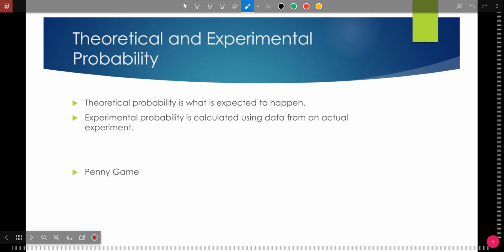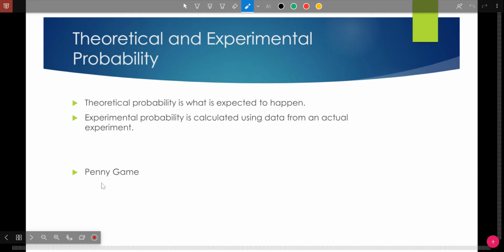So you flip the coin 10 times and 7 times it comes up tails, then the experimental probability for tails is 7/10. And the experimental probability for heads would be 3/10 because it's based on the actual experiment that happened. Right? So that's the difference between theoretical probability and experimental probability.